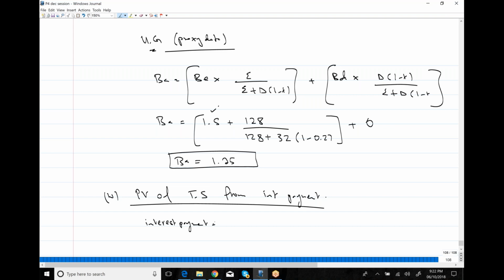So first of all, we have to compute interest payment. Interest is paid on the loan, right? So how much loan will you raise for this project? 43.85, right?